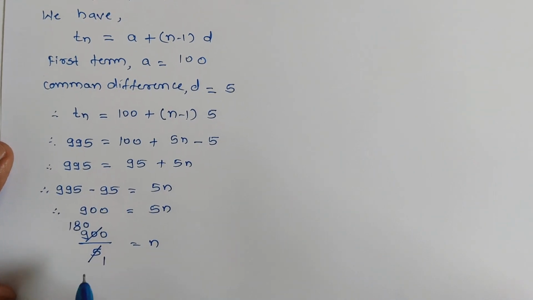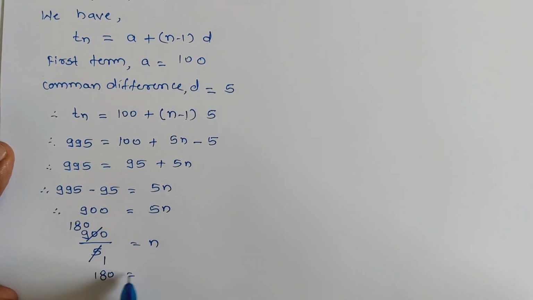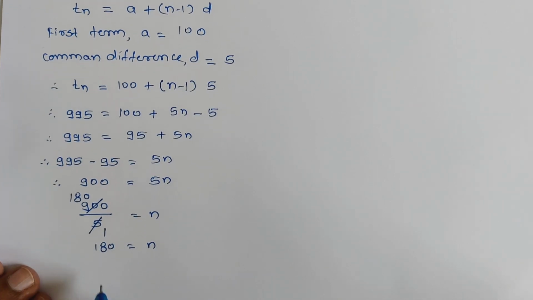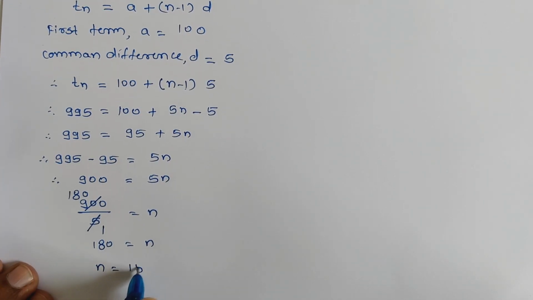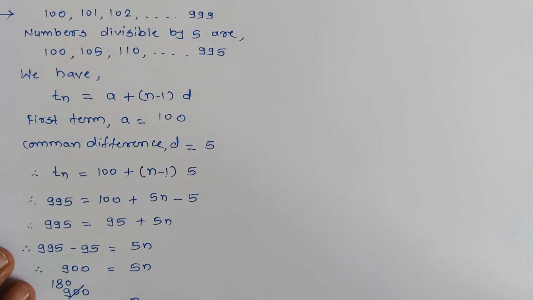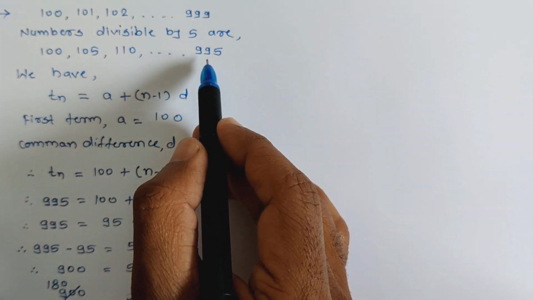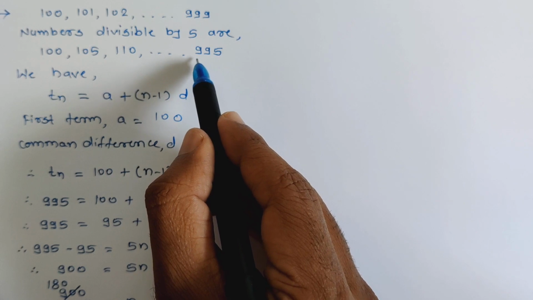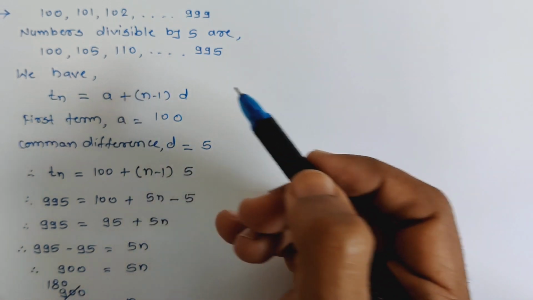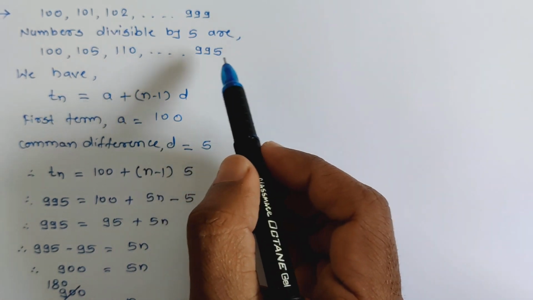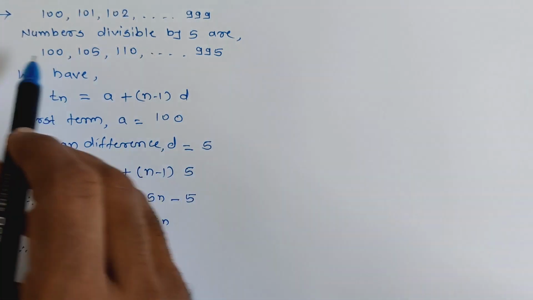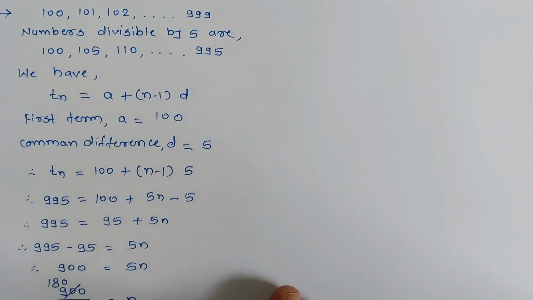So 180 is equal to n, that is n is equal to 180. That means in the given AP, that is 100, 105, 110 up to 995, the last term 995 is the 180th term in this AP. That's why in all there are 180 terms which are divisible by 5.